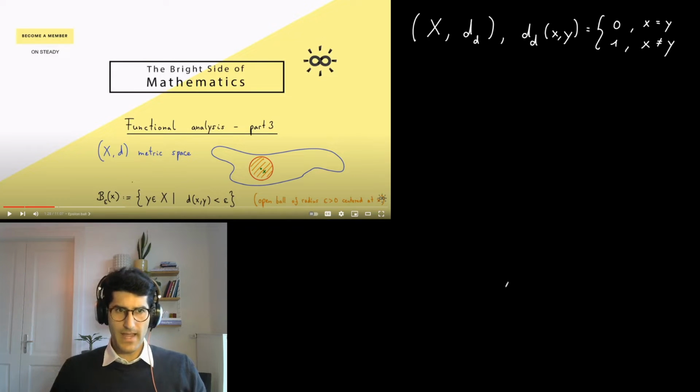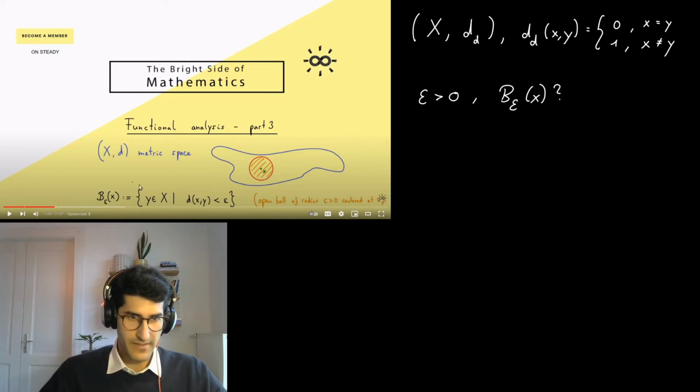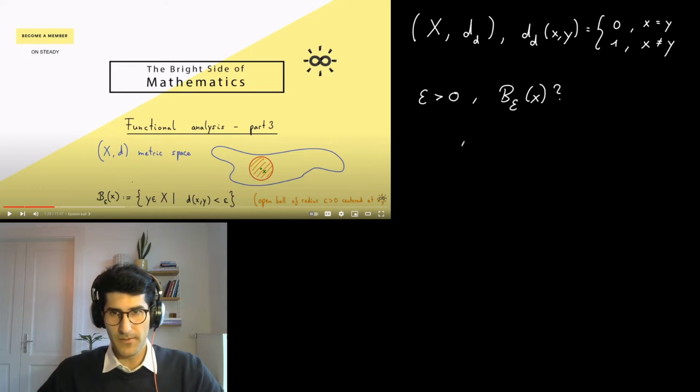So now let's understand how an epsilon ball looks inside this metric space. So let's take an epsilon greater than 0. And we want to understand what B_epsilon(x) is. Well, B_epsilon(x) by definition contains all y of X such that d(x,y) is smaller than epsilon.